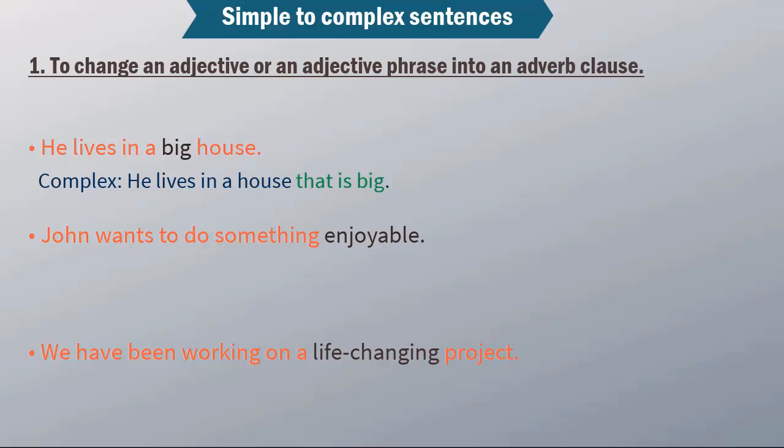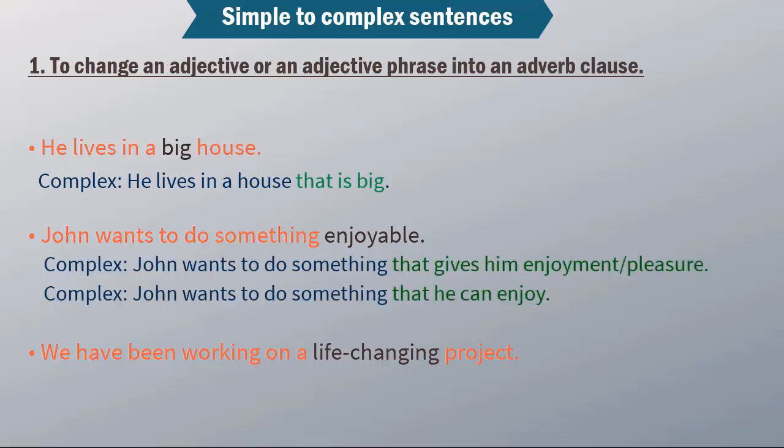Second example, John wants to do something enjoyable. What is the adjective? Enjoyable, right? We'll change it into an adjective clause. John wants to do something that he can enjoy, or that gives him enjoyment or pleasure. We have been working on a life-changing project. Can you guys change this one? We can change the adjective into an adjective clause. What is the adjective?